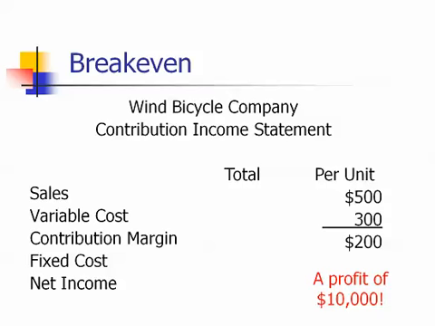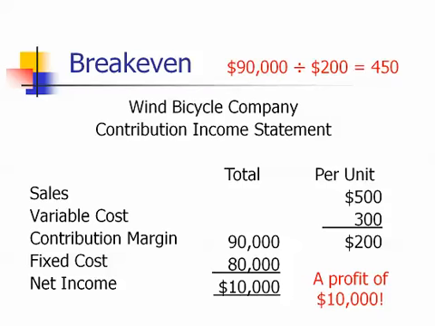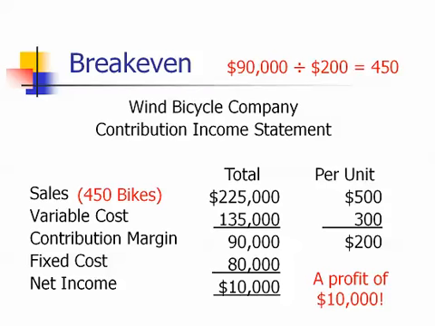Again, to achieve a target profit of $10,000, we set our net income equal to $10,000. We add our fixed cost to our net income to arrive at a total contribution margin of $90,000. We divide the $90,000 total contribution margin by the $200 contribution margin per bicycle and find we need to sell 450 bicycles to achieve a target profit of $10,000.